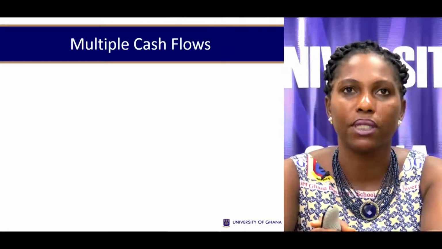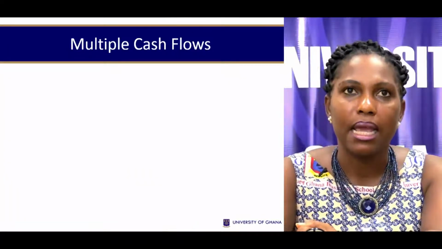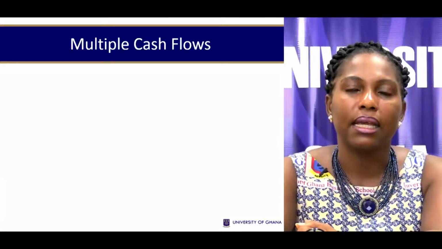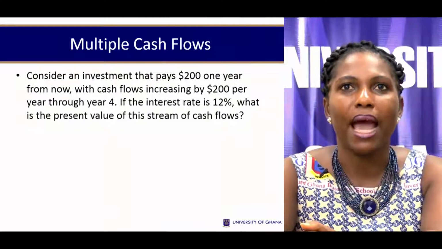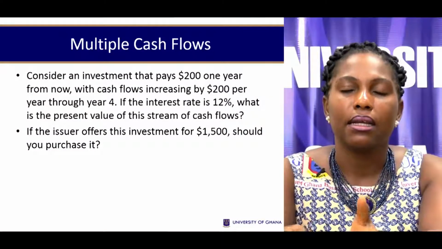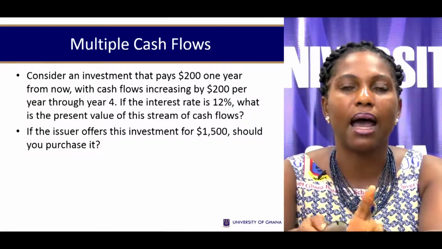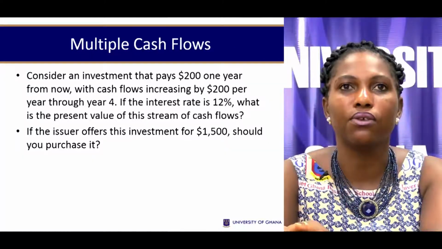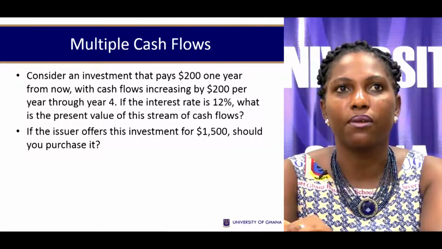Now, if the cash flows are not regular, and are not identical in terms of timing or size, then all we have to do is to just look at the individual future values, if it's a future value you're looking at, and then just add the individual future values, and you arrive at your composite future value.